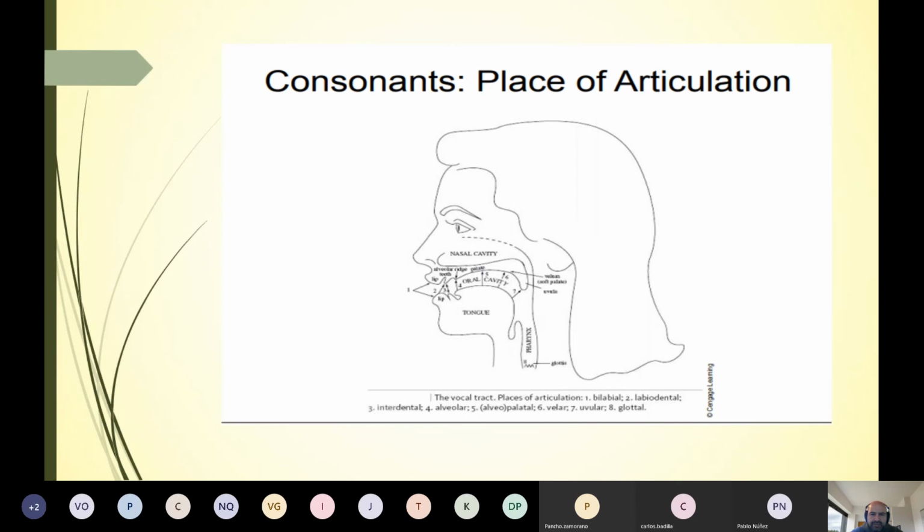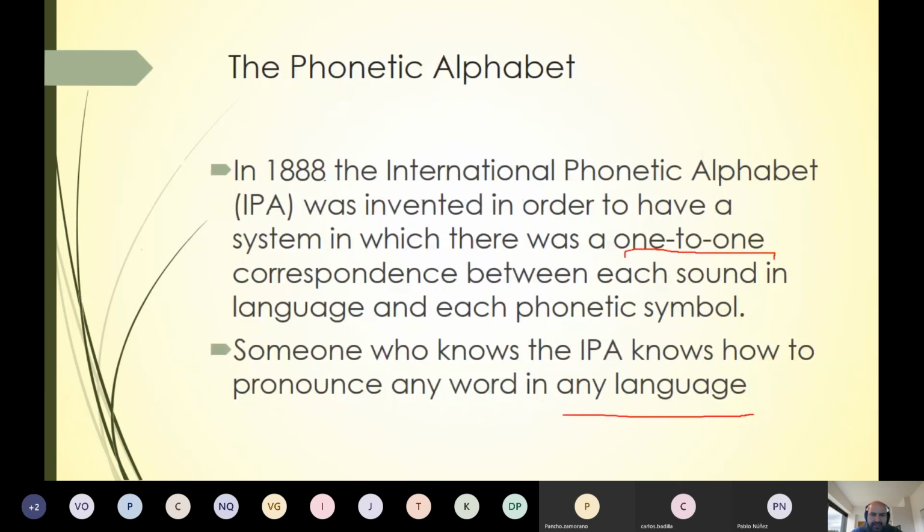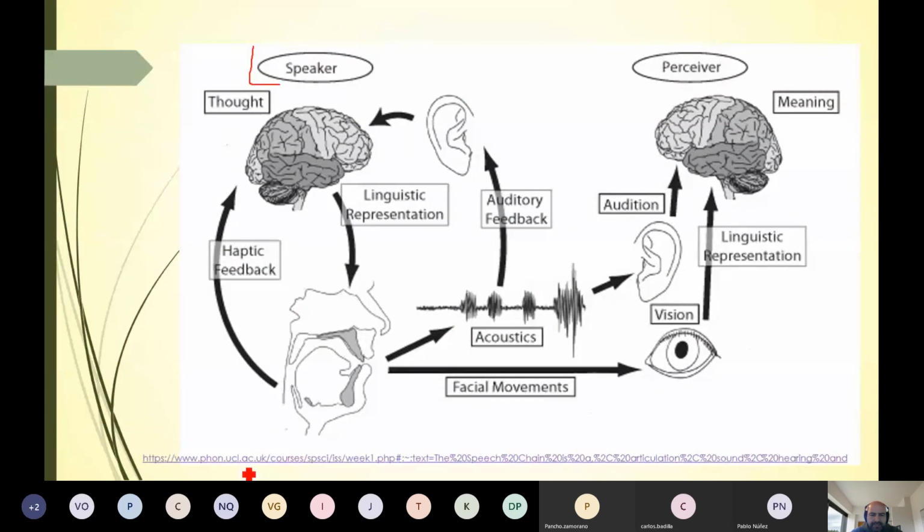I strongly suggest you take a look at this website at the bottom. I think I have it open here, yes, it's this one. Particularly, take a look at the section called the speech chain.